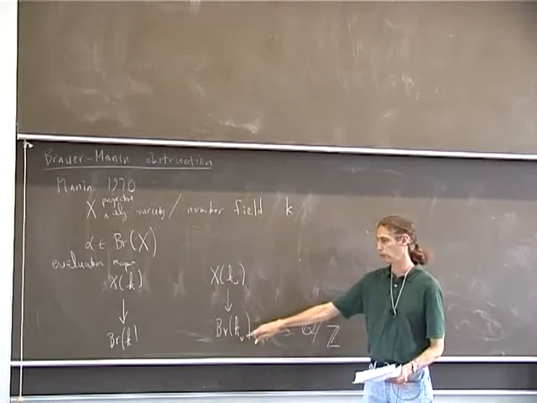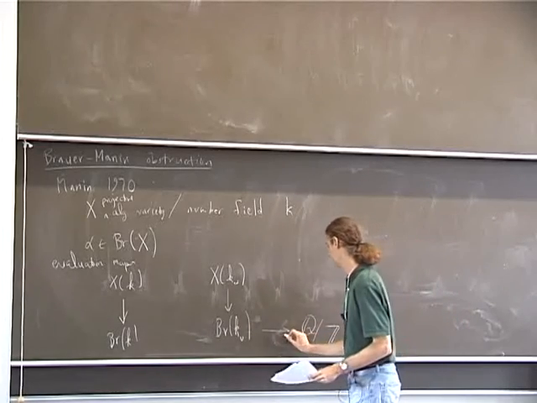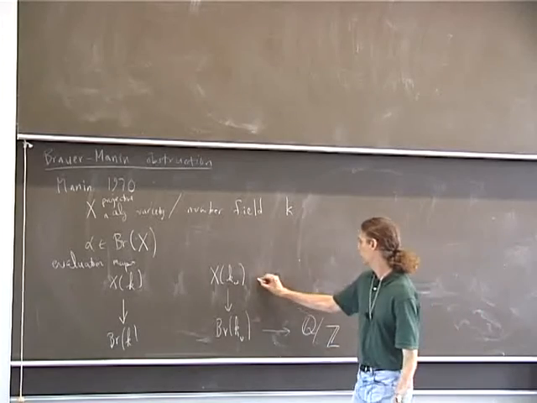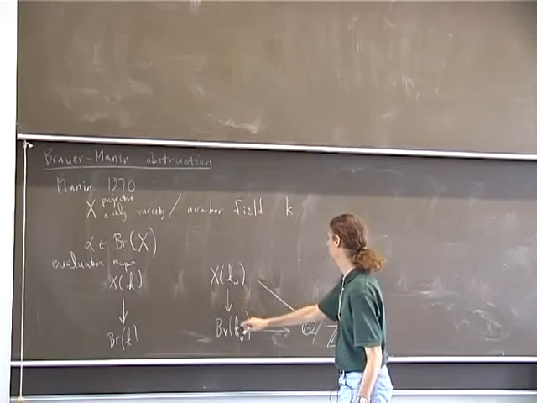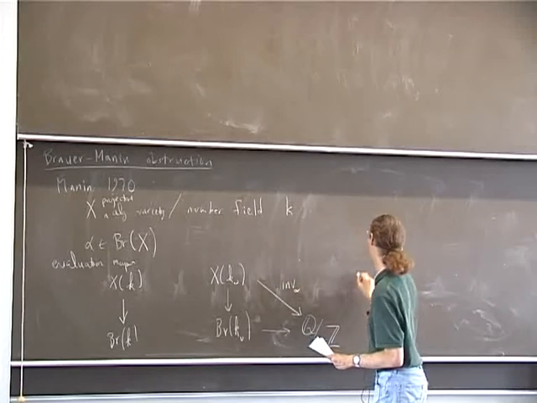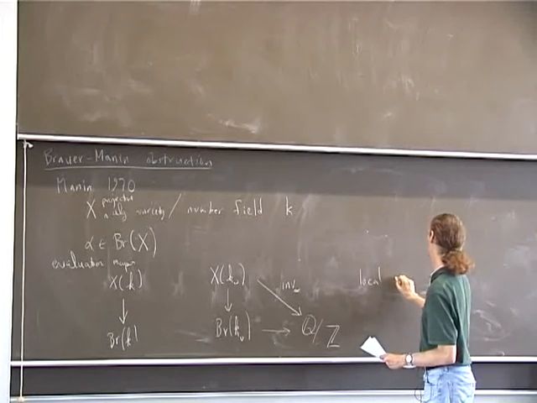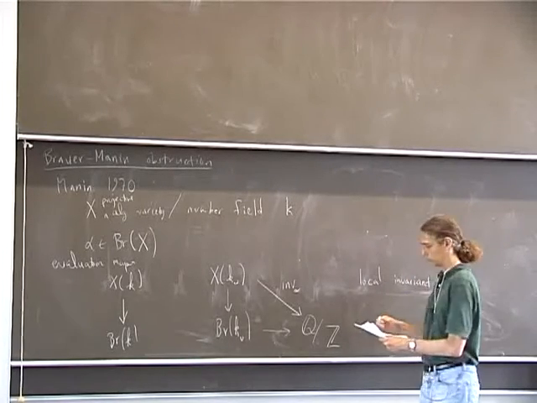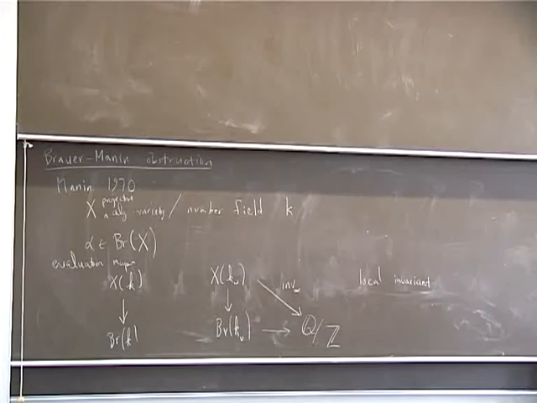It's either order 2 or order 1, so it has a canonical inclusion map in here. And so we call this composite the local invariant.